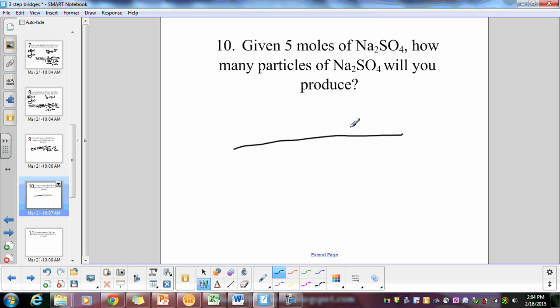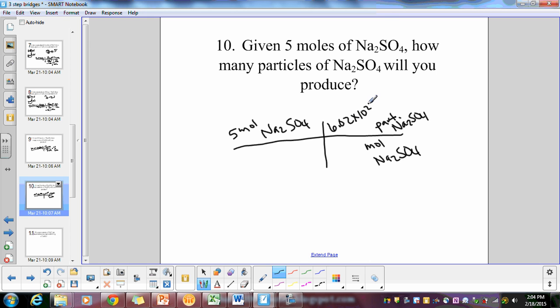Okay, this one I'm just going from moles to particles. It's similar to what we did in our first video. So 5 moles of Na2SO4. Moles of Na2SO4 drop down. I'm trying to go to particles. And remember from our first video that particles goes along with Avogadro's number.